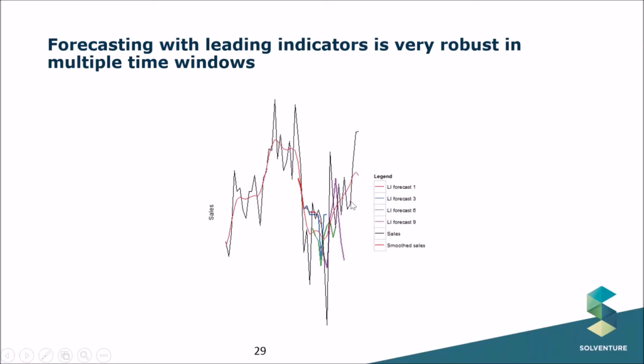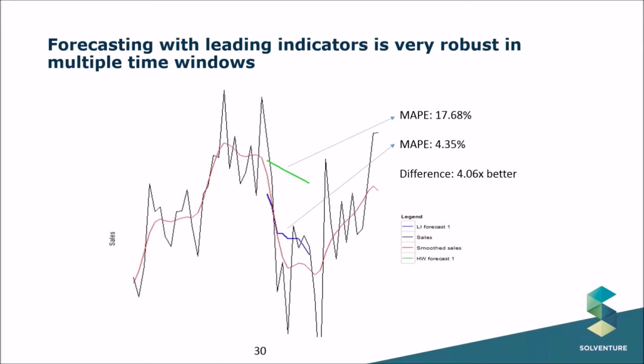If you look at the leading indicator forecast, you also see that they are much more stable. And we all know that providing a more stable forecast to your supply chain brings a lot of benefits both to production and to suppliers. So that's also a key element when you use leading indicators.